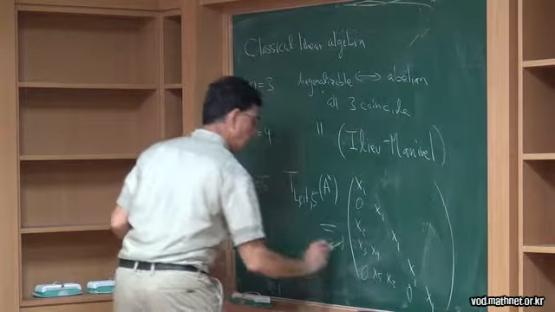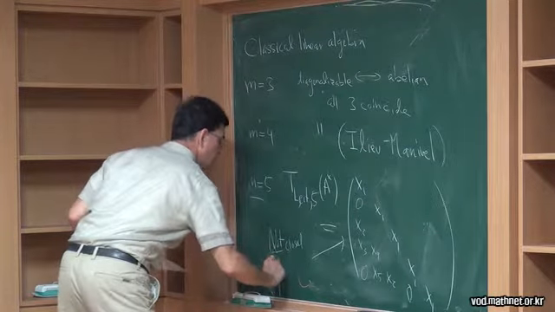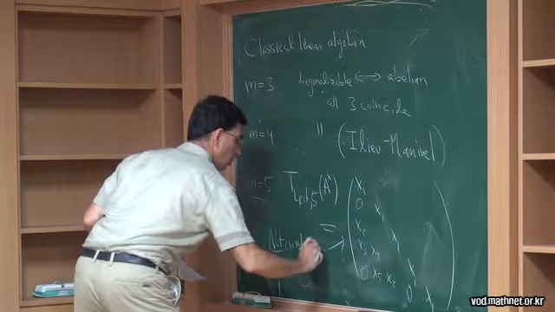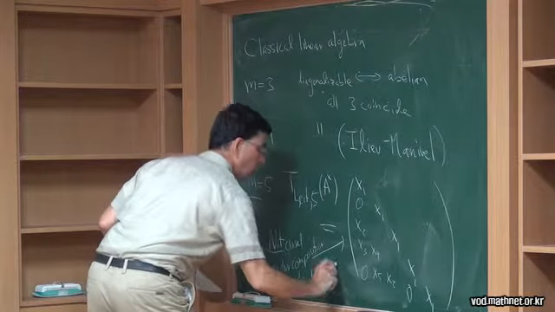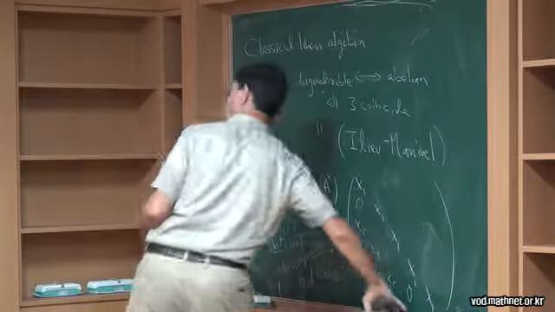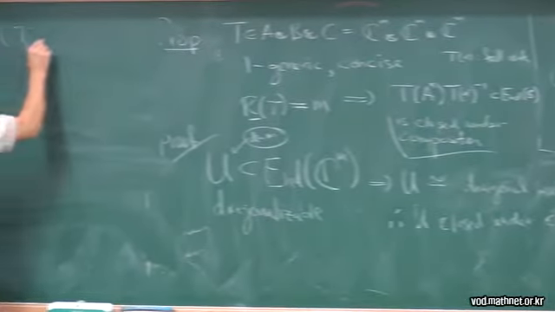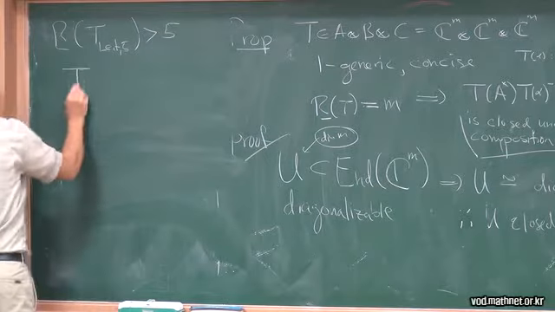And this space is not closed under composition, but is abelian. So in particular, the border rank of this tensor is strictly greater than 5.